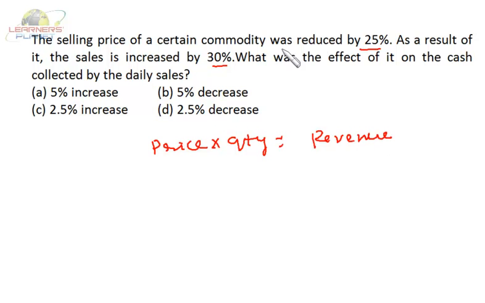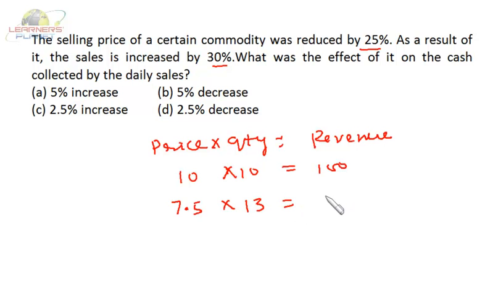Now in this case, the initial price and initial quantity or sales is 10 and revenue which is being collected is 100. Okay. Now the selling price is reduced by 25%. That means the new selling price is 7.5 and as a result of it the sales increased by 30%. That means the new sales or the new quantity is 13.